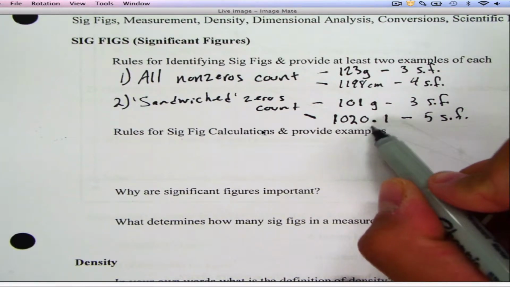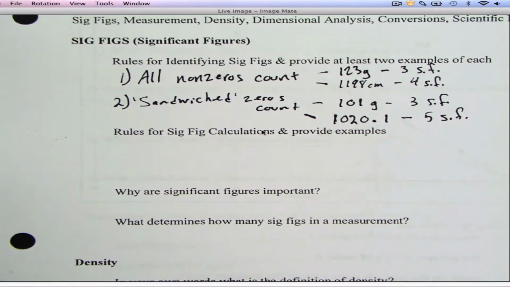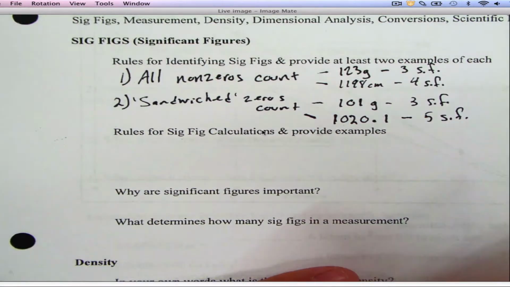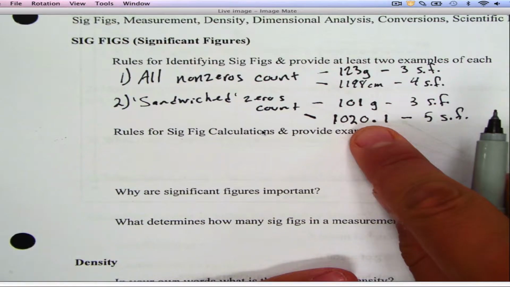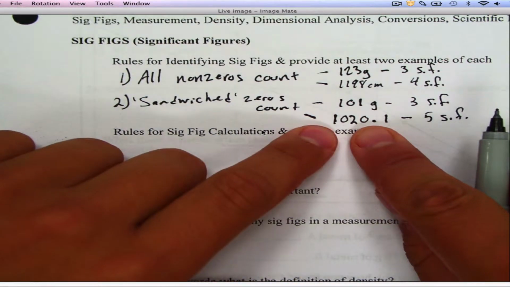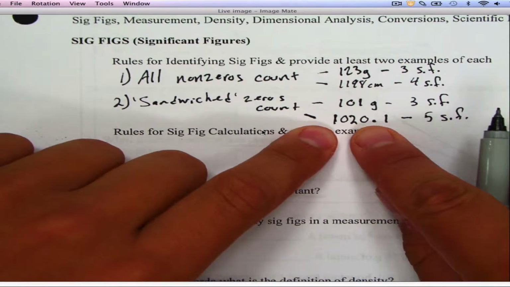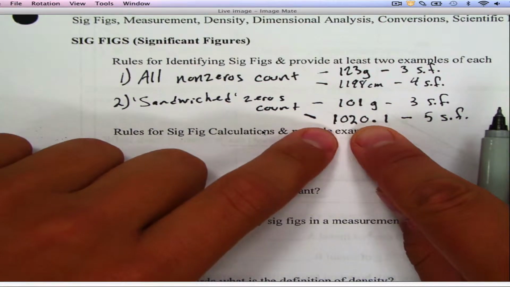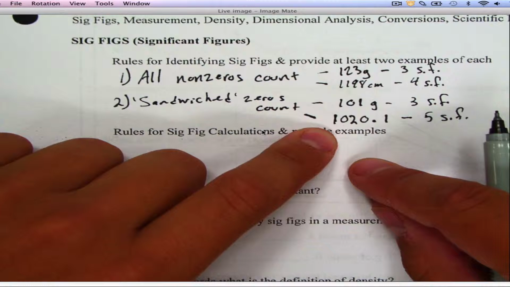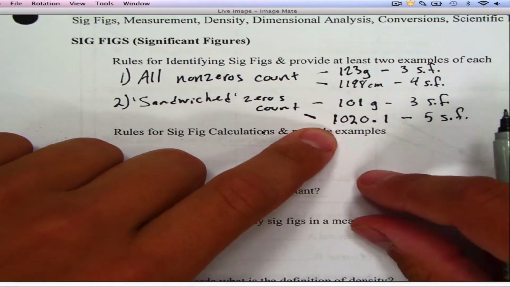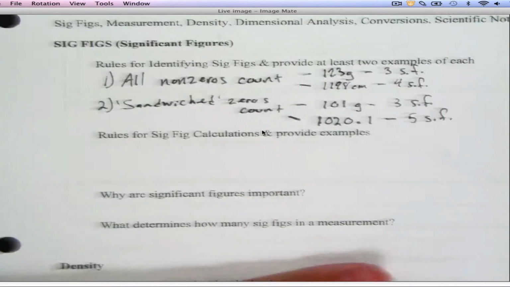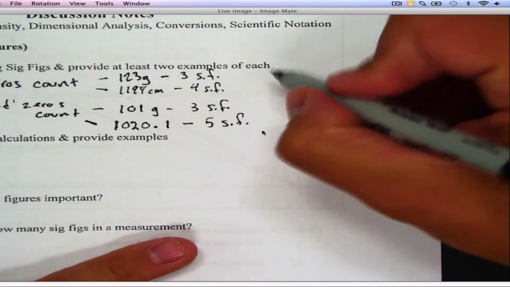The decimal doesn't change the sandwichness. Okay, so a sandwichness can carry across a decimal. So I could have 20 zeros in between these non-zeros, and it would still count towards significant figures. So anytime they're sandwiched, and no matter how many zeros you have, they're going to be sandwiched and they're going to count.